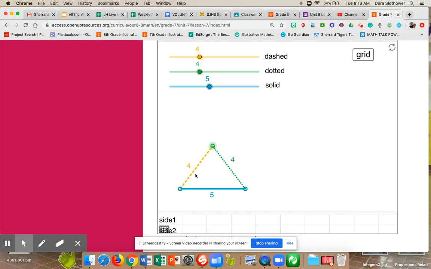Now we're going to keep the sides of 5 and 4. So that's one triangle, so put a little tally mark, or write them down. So write down 5, 4, 4.